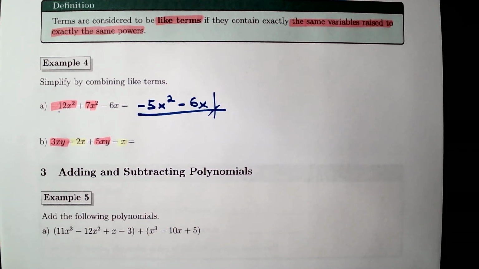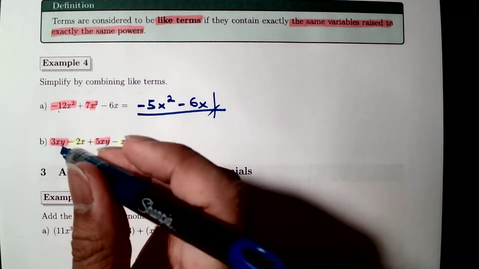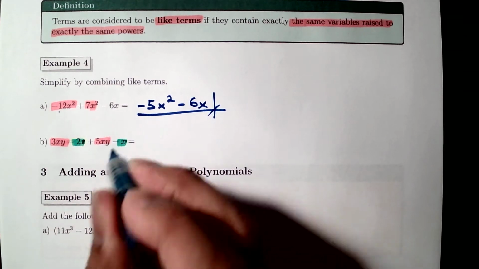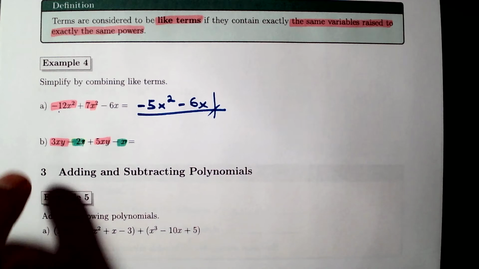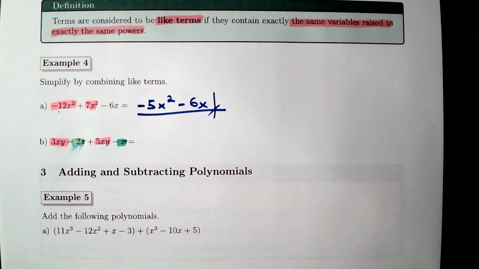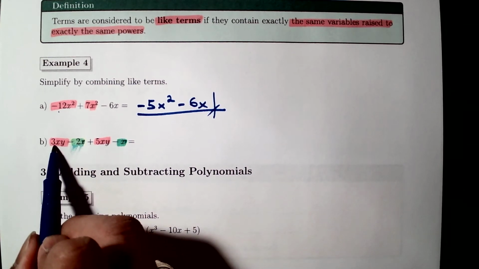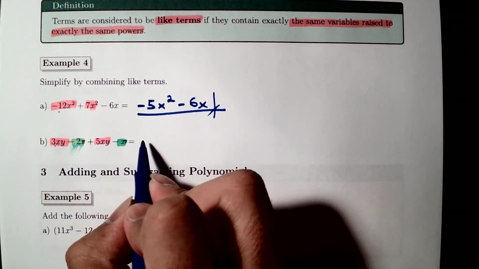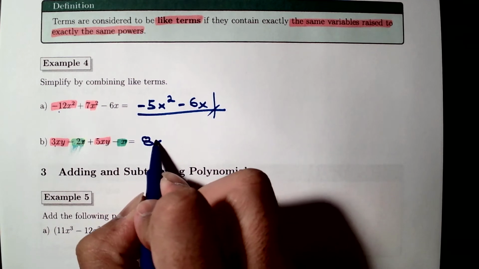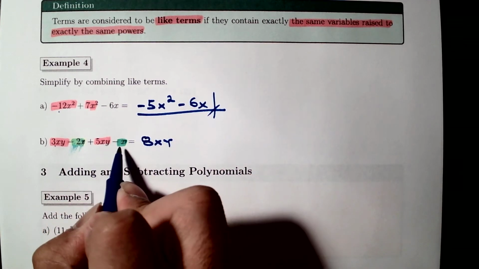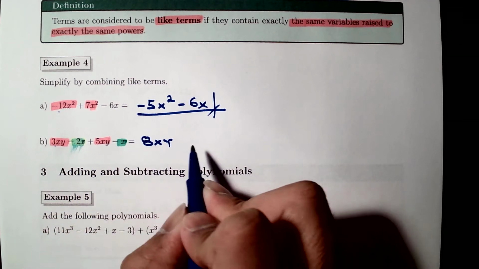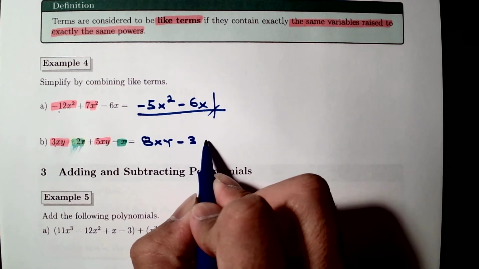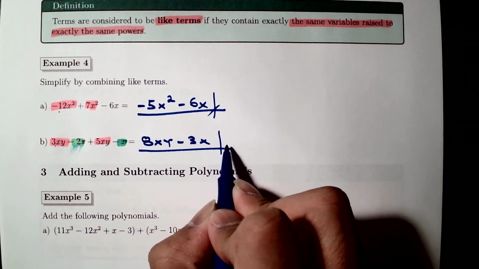So this is going to be x and x. So 3xy plus 5xy gives a total of 8xy. And the green ones, negative 2x minus x, add up to negative 3x. Final answer.